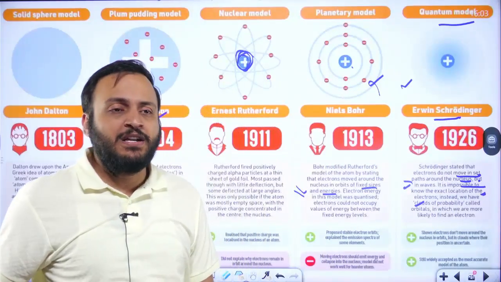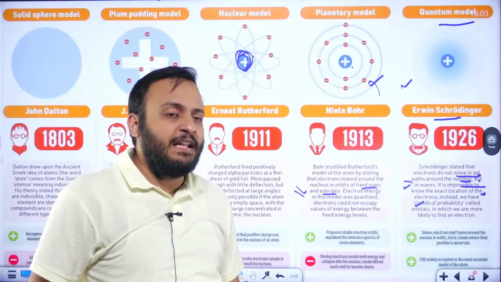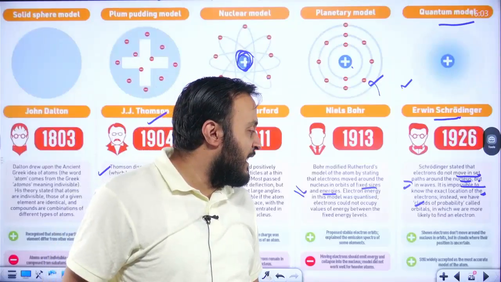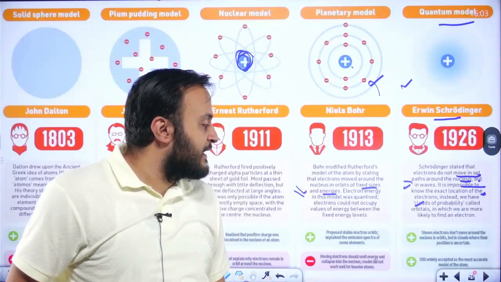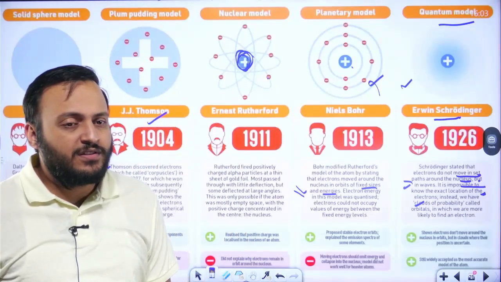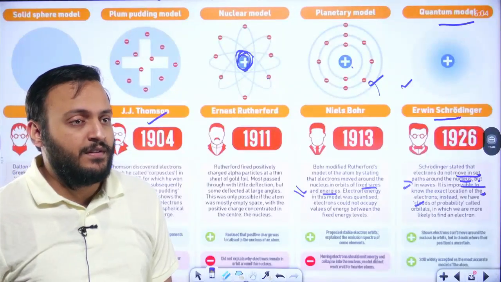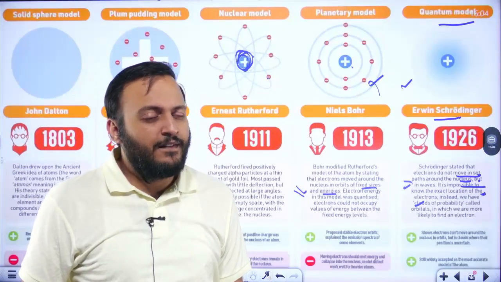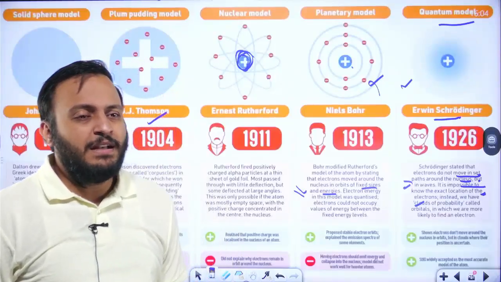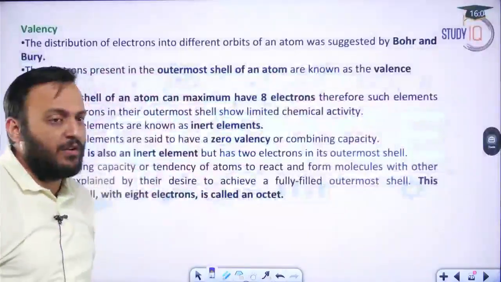So this is how Schrödinger's atomic model was established as the most accurate atomic model. Okay, so these are some names which you need to remember.